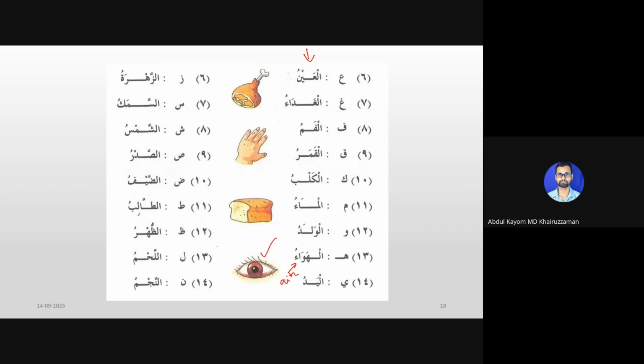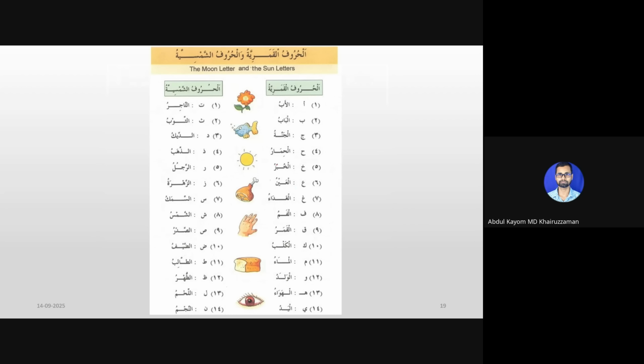Ta, at-talibu. At-talibu means student, we know. Dha, adh-dhuhru. Adh-dhuhru means afternoon or the zuhur prayer. Lam, al-lahmu. Al-lahmu means meat. Noon, an-najmu. So these are all the 14 huruf al-qamariyya and huruf al-shamsiyya. In this column we have huruf al-qamariyya, and in this one huruf al-shamsiyya.